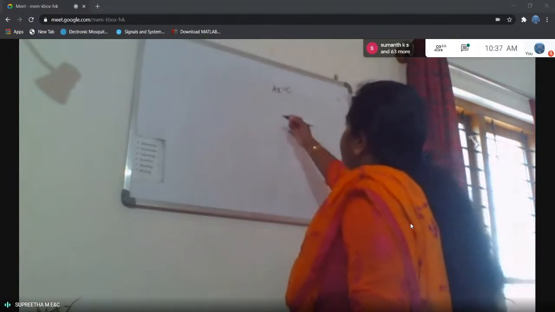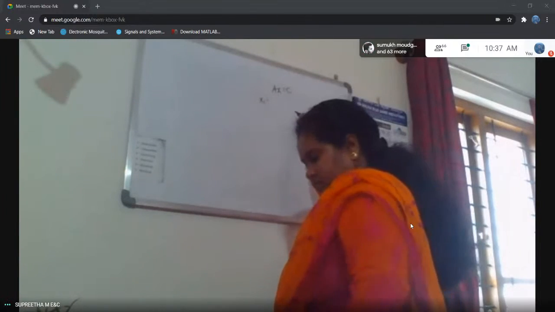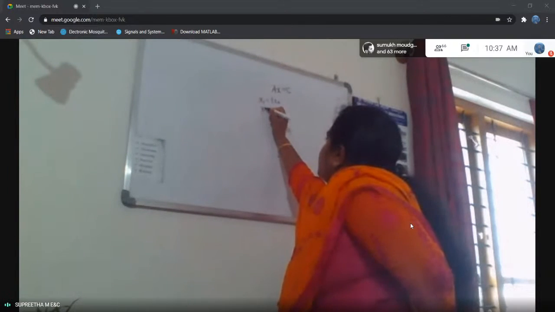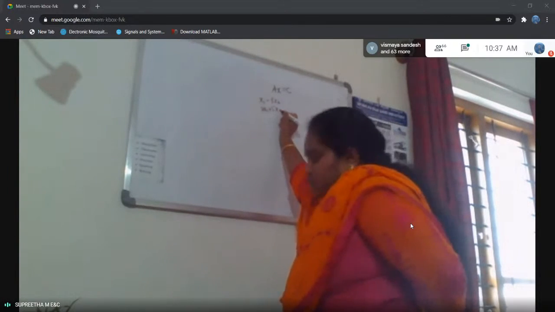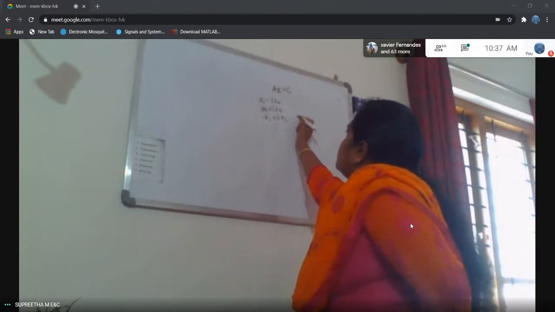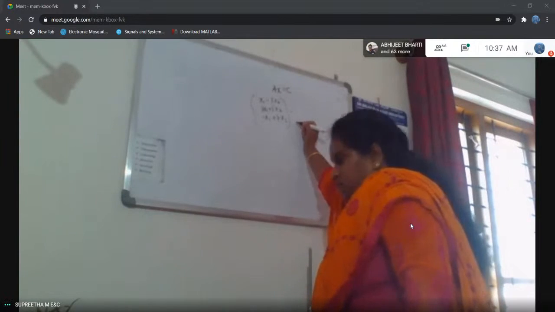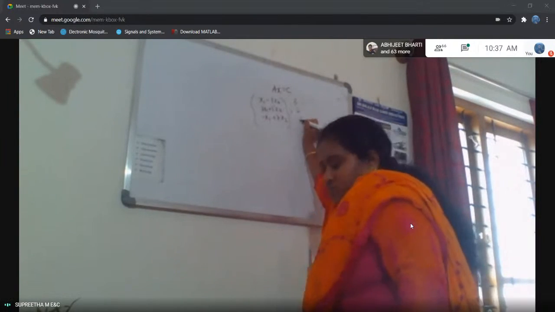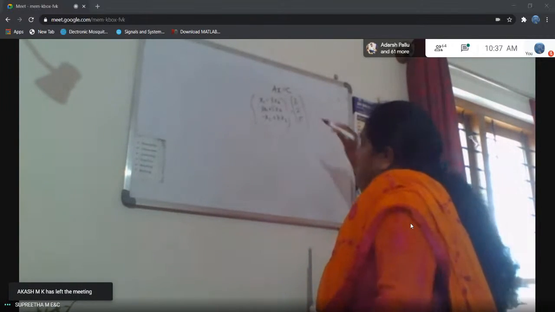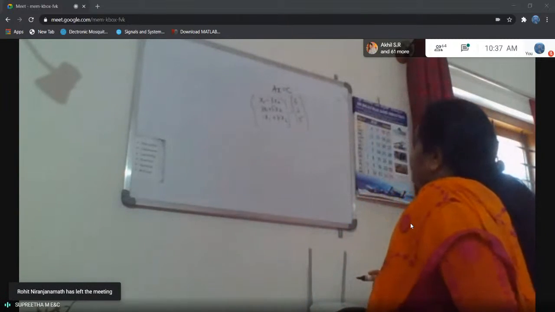So we have already obtained the Ax matrix. x1 minus 3x2, 3x1 plus 5x2, minus x1 plus 7x2 is equal to 3, 2 and 5. Right? So I get it as 3, 2 and 5.